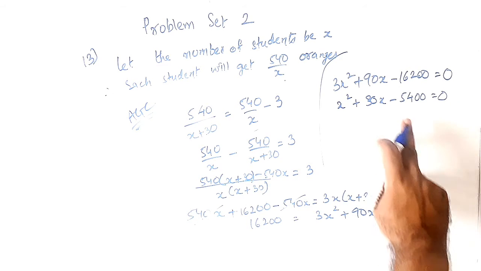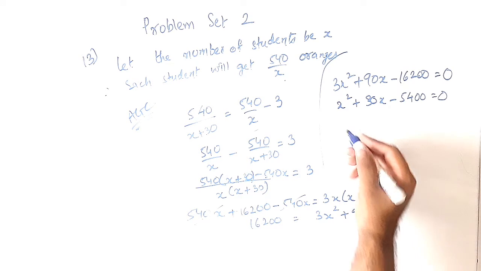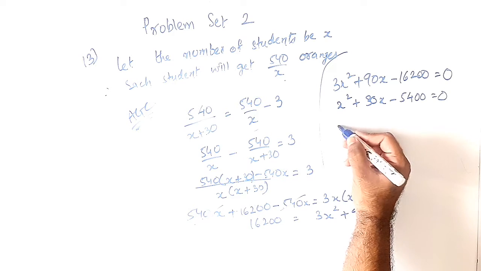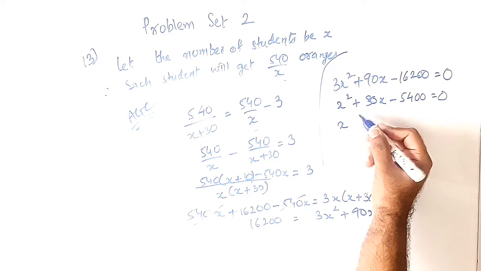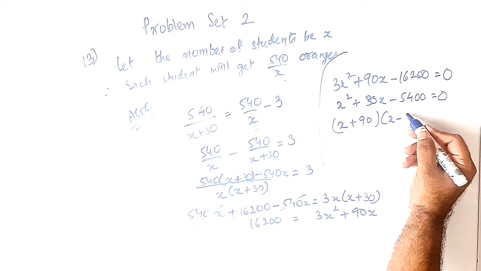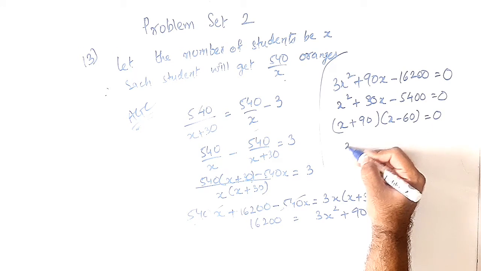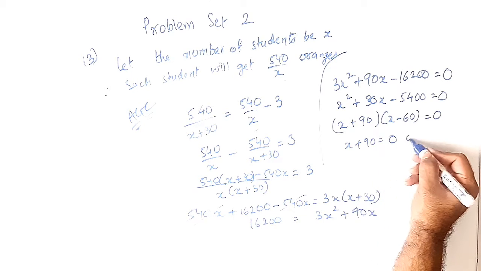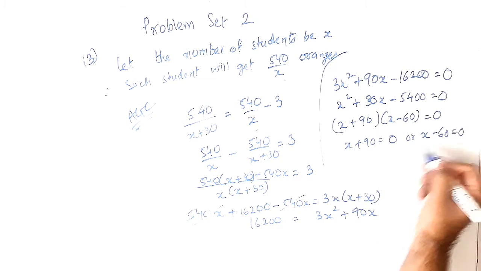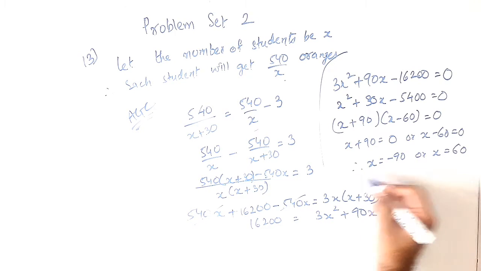Now the factors of 5400 such that I get the sum 30. So it will be 60 and 90, 9 6s are 54, so x plus 90 and x minus 60 equals to 0. So x plus 90 equals to 0 or x minus 60 equals to 0. Therefore x is equal to minus 90 or x is equal to 60.